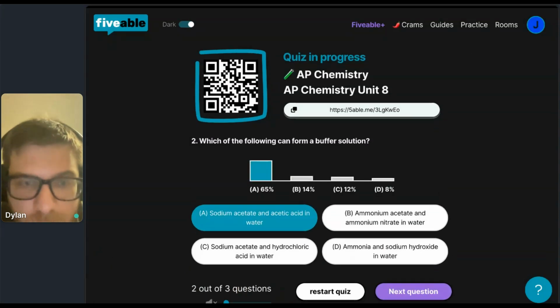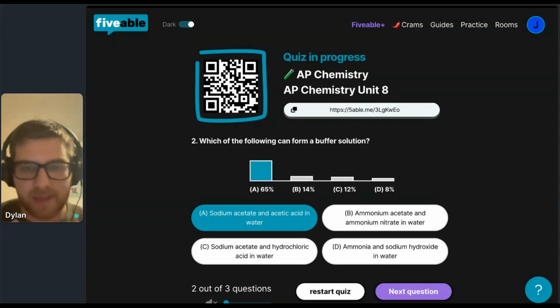All right, so looks like most people got this right. It is a solution of sodium acetate and acetic acid, right? Again, acetate and acetic acid.